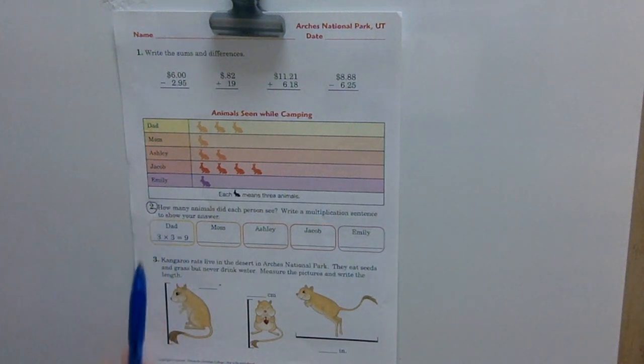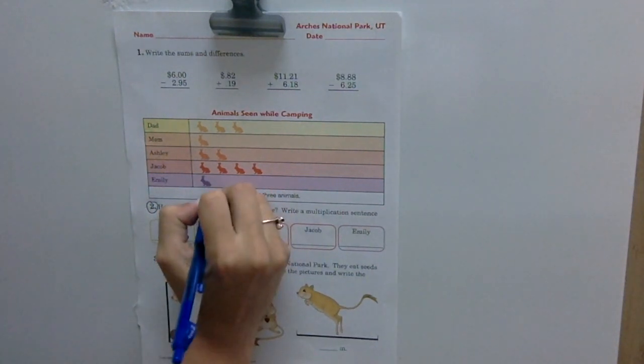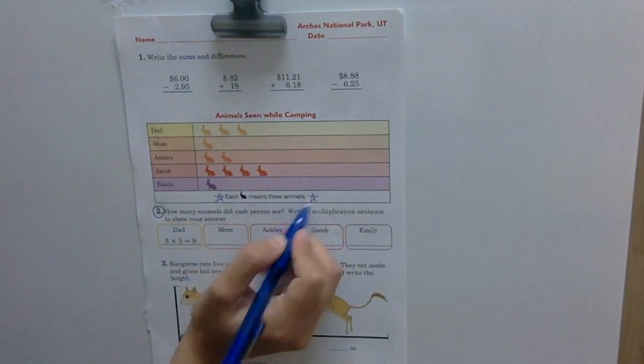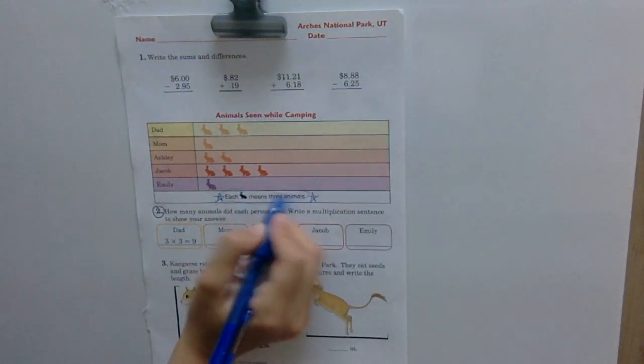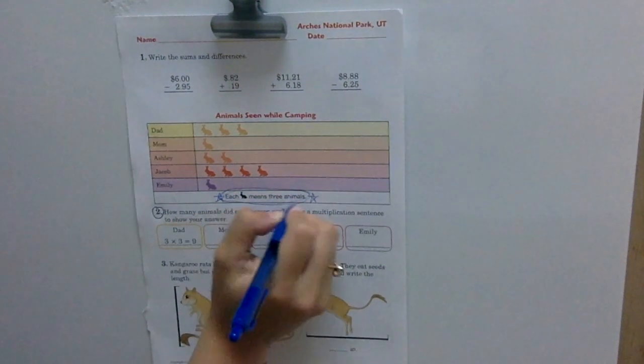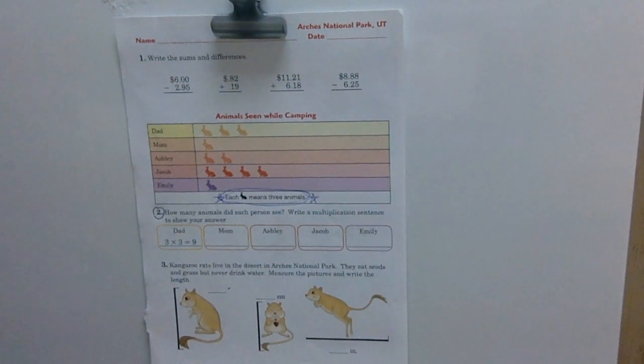So, number 2. Oh, wait, before we begin, let's read our key right here. Actually, with your pencil, go ahead and put a star on either side of this key because this thing right here is very important. If you don't pay attention to this key, you're going to get everything wrong. And I'm not kidding. You will get everything wrong because these keys, remember, they give you the information to tell you how to read the graph correctly.